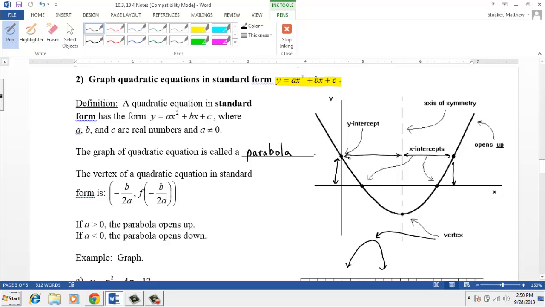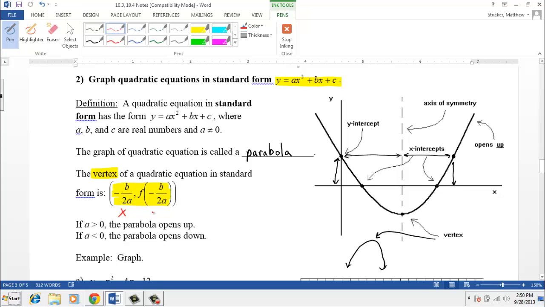So the first question we want to ask is, how do we find the vertex? Well, it turns out that when we have a quadratic equation in standard form, the vertex follows this format here that you see, where we can find the x value by taking the quantity negative b over 2a.